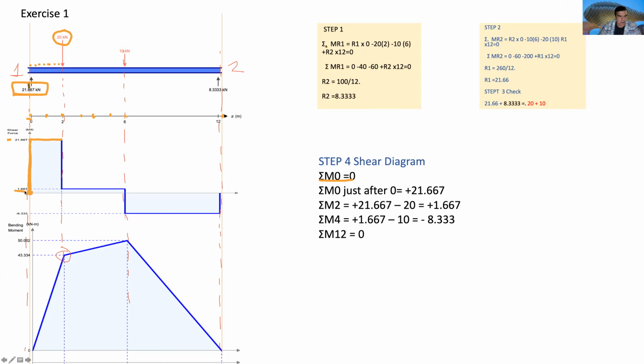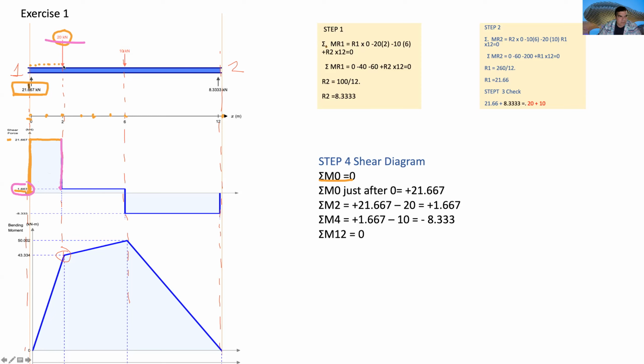Only 1.667. Well, I go from 21.67, I go 20 units down, because it's what happens here, and I arrive to 1.667.